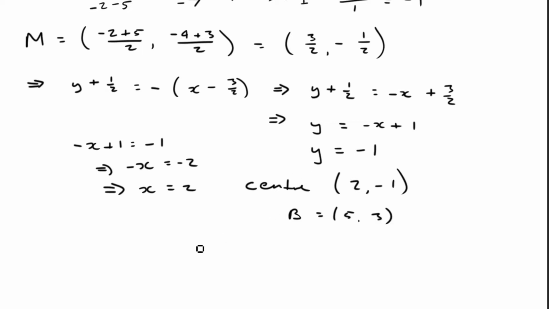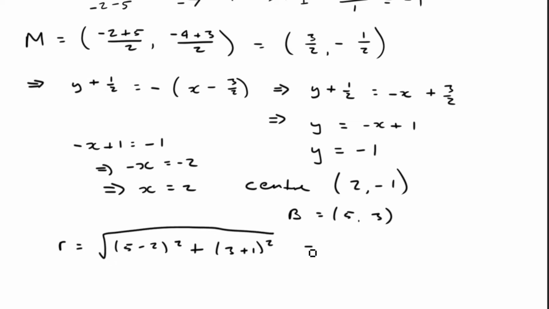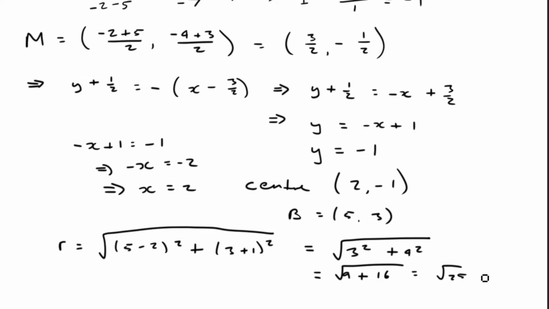The distance between the centre and B, the radius of the circle, will be 5 subtract 2 squared plus 3 subtract -1, same as 3 plus 1 squared, rooted, which is the square root of 3 squared plus 4 squared, which is the square root of 9 plus 16, the square root of 25, that radius is 5.